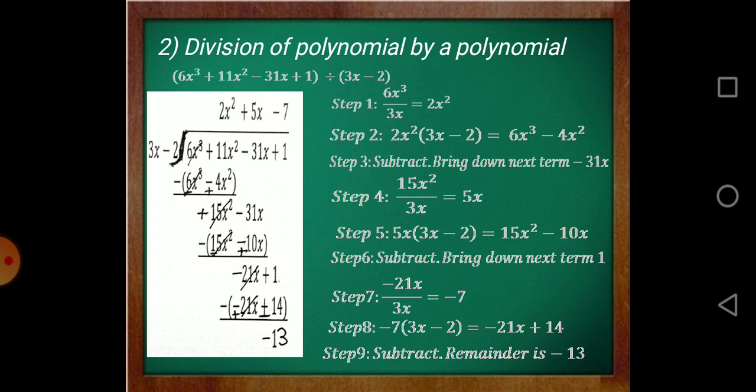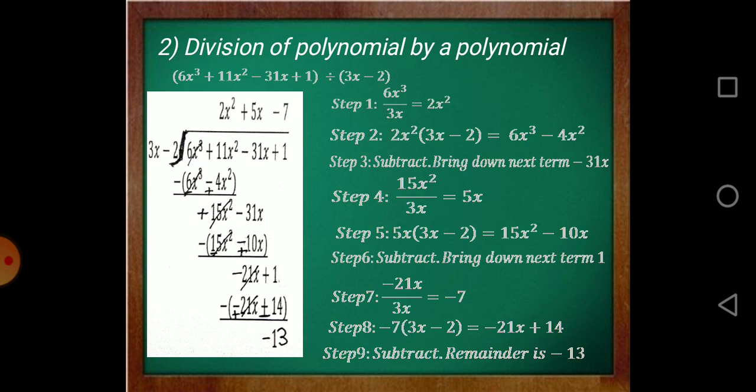We get 6x cube minus 4x square. This 6x cube minus 4x square is written below the same like terms in the dividend. That is, 6x cube minus 4x square is written below 6x cube plus 11x square of the dividend.